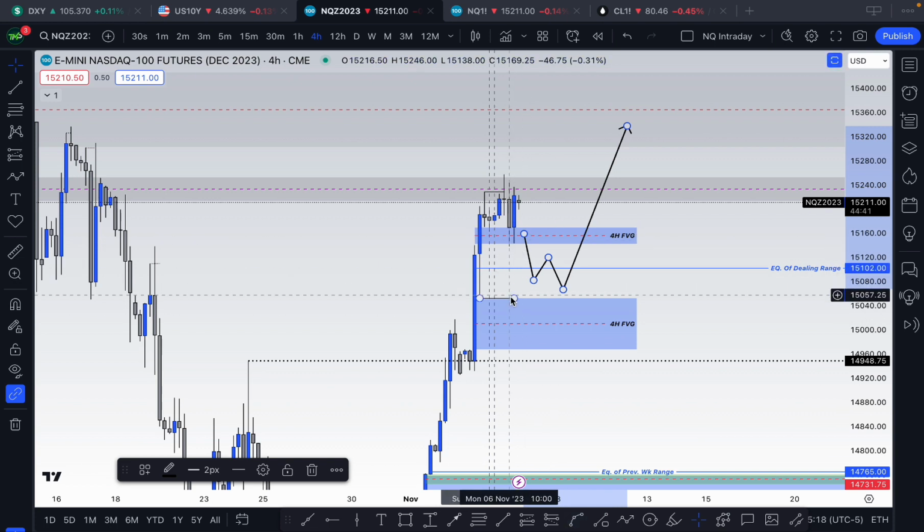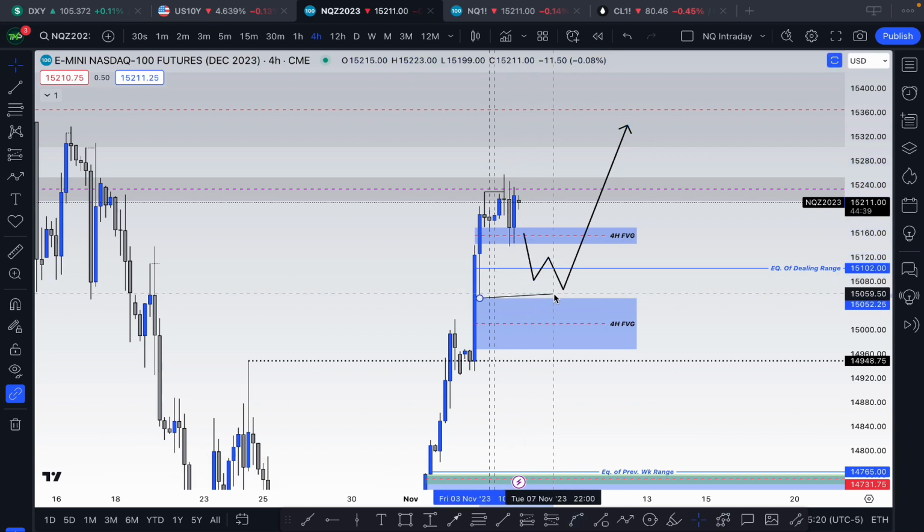But then say NQ did the opposite and just swept this low and then started doing the same thing, that confirms this accumulation. But I don't know if we're going to get that specific. That's just something that I would look for.